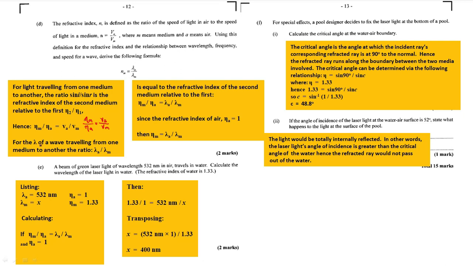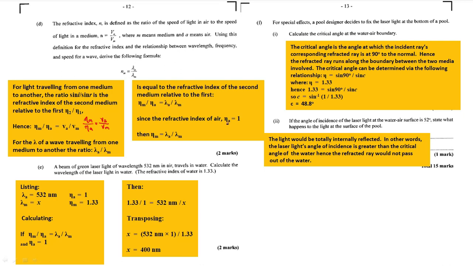So for the wavelength of a wave traveling from one medium to another, the ratio is given such that wavelength in air divided by the wavelength in the medium is equal to the refractive index of the second medium relative to the first. So you see there? That's how it is, right? So in this case we're using wavelength.